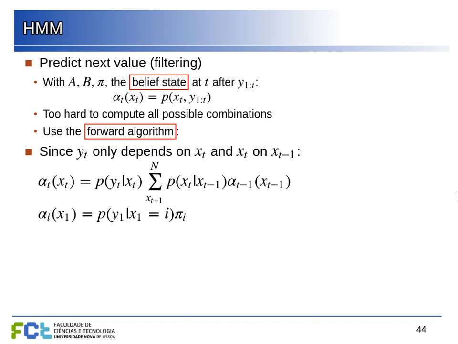Now, if we want to do this by computing all possible combinations of the states and the outputs, this would be a huge combinatorial problem, which would not be feasible for reasonable sizes of sequences. But we can do this with the forward algorithm, where basically we can start with this belief state.